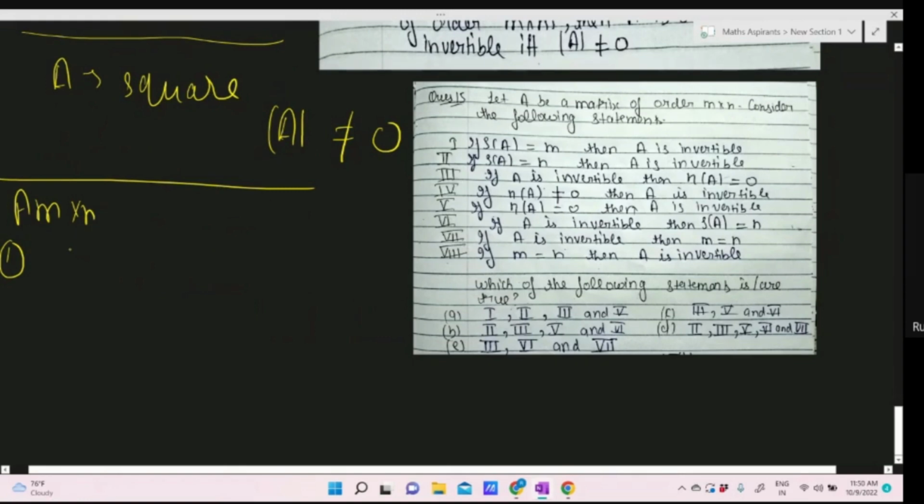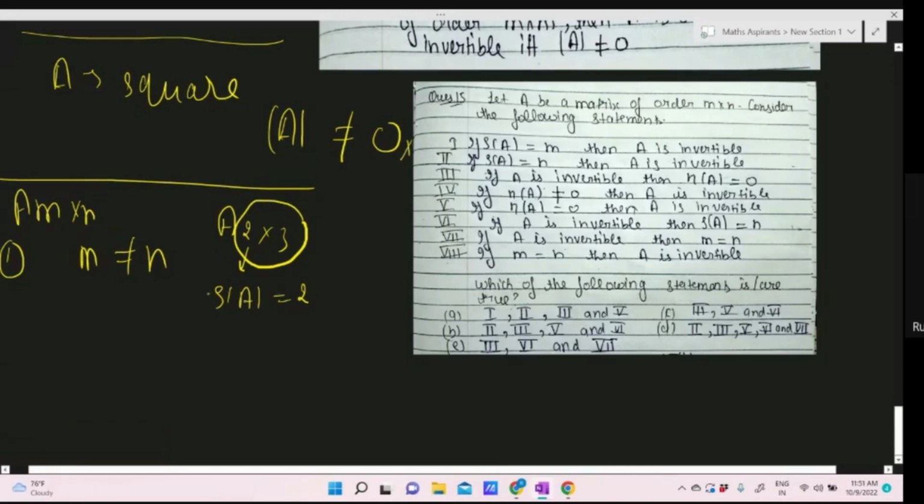Given that rank of A is m, what if m is not equal to n? Let us take a case. A be a matrix of order 2 cross 3. Here m is not equal to 3. And let us take the matrix A in such a way that rank of A becomes 2. Here the matrix A is not invertible. Therefore, option number first is the incorrect option.